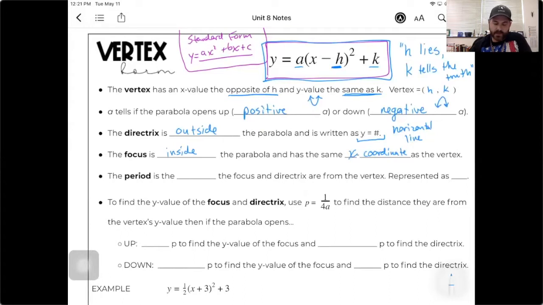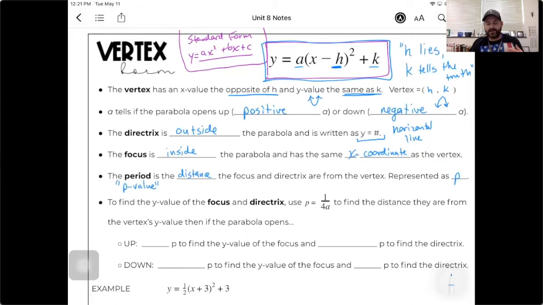And then the p value, okay, it is the distance the focus and directrix are from the vertex. It's represented as p.